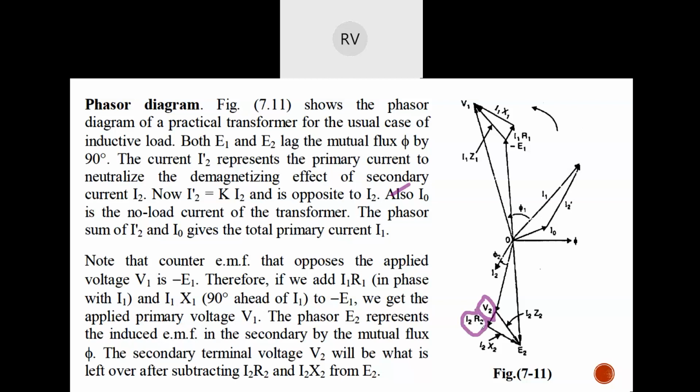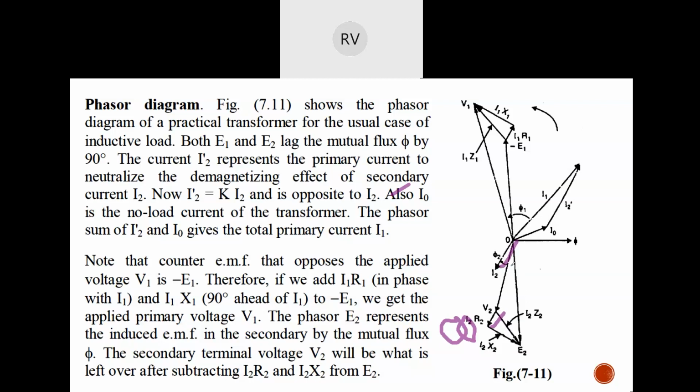drop due to resistance. The direction of this drop will be similar to the I2 direction, and then we know that X2 is a reactance. X2 reactance will be exactly 90 degrees against the normal current.